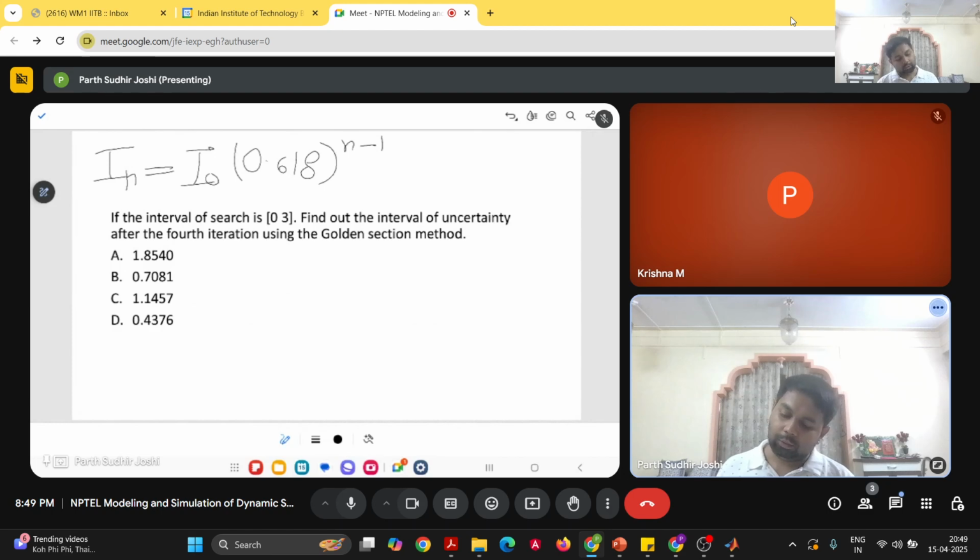So after the fourth iteration, I4 will be 3 into, the initial interval length is 3, into 0.618 to the power 3.